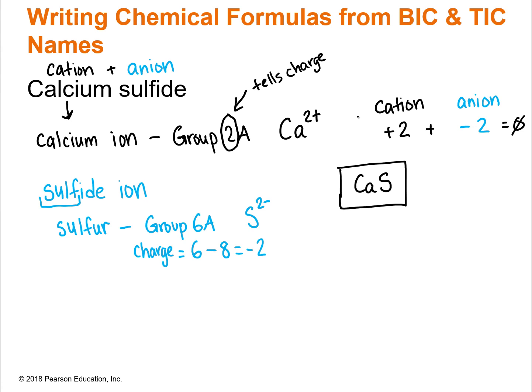You always want to do this step to make sure that if you just put together one of your cation, one of your anion, you're going to get a net charge of 0. Because if you don't, then you have to do an extra step. And I'll show you that.